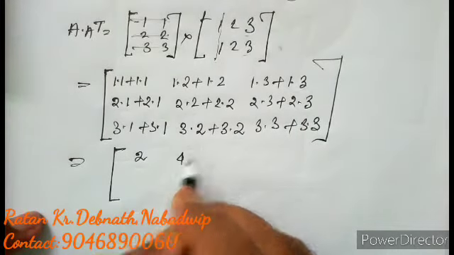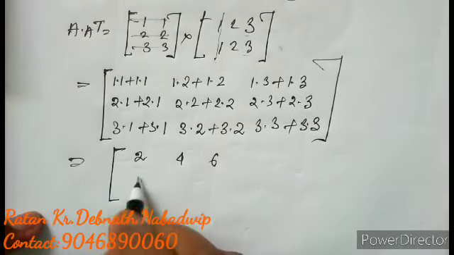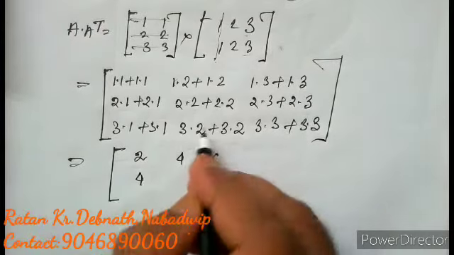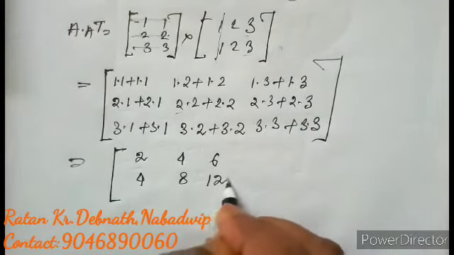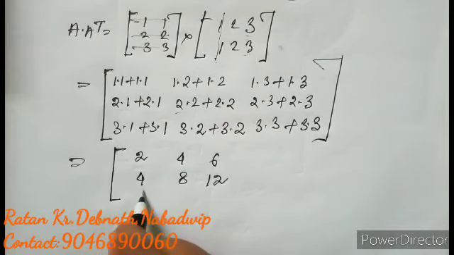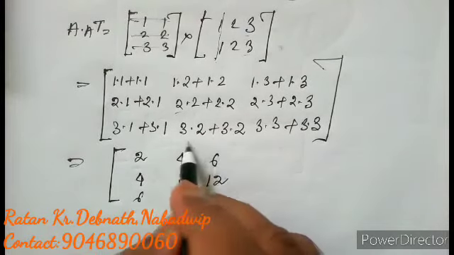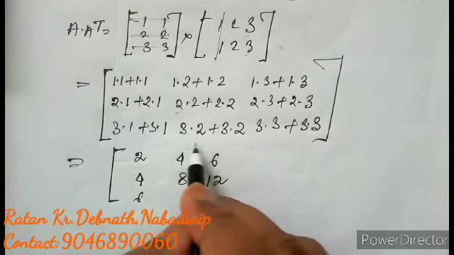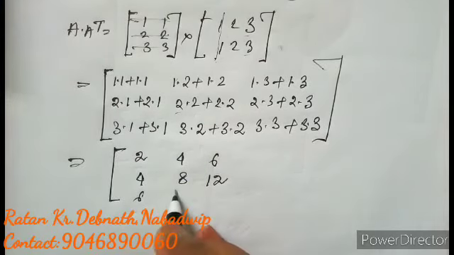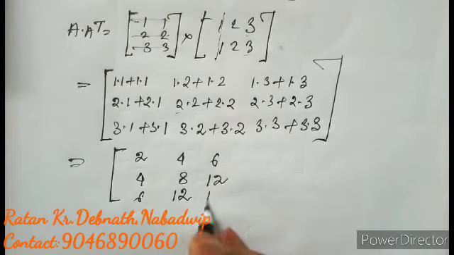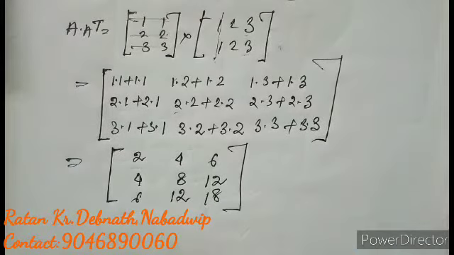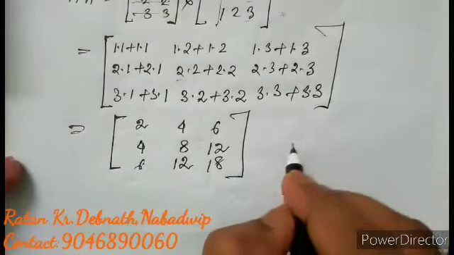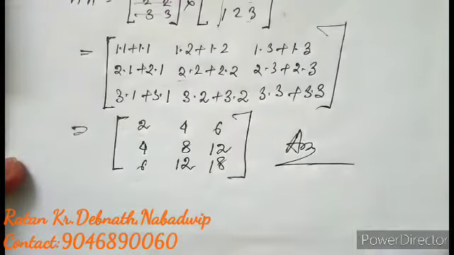So we get 2, 4, 6, 4, 8, 12, 6, 12, 18. So we got A into A transpose.